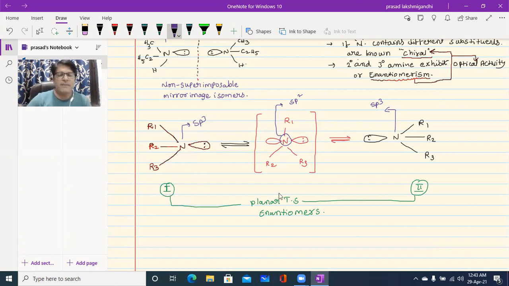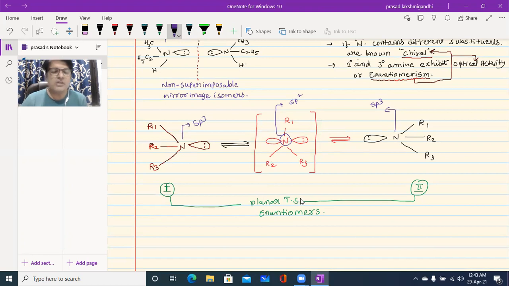it gives a planar transition state of the enantiomers, which can either revert to the starting amine, or go to enantiomer 2, this intermediate compound. Although, what we learn is that simple amines can be resolved into enantiomers.